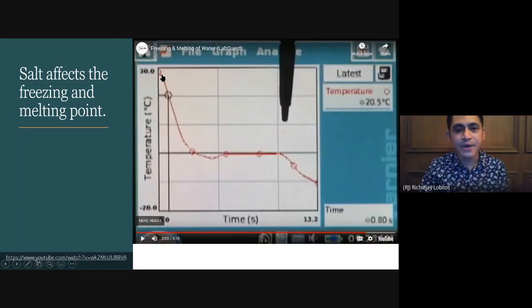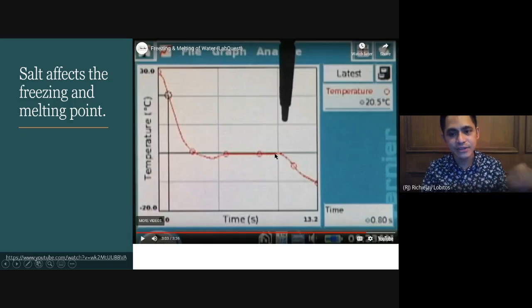So when she added salt, at the beginning of the experiment, the temperature of the water immediately dropped to below 0. And then it stays at 0 degrees Celsius as the water changes state from liquid to solid. And that is what we call freezing. So the freezing process stays there until all the water freezes, changes state.